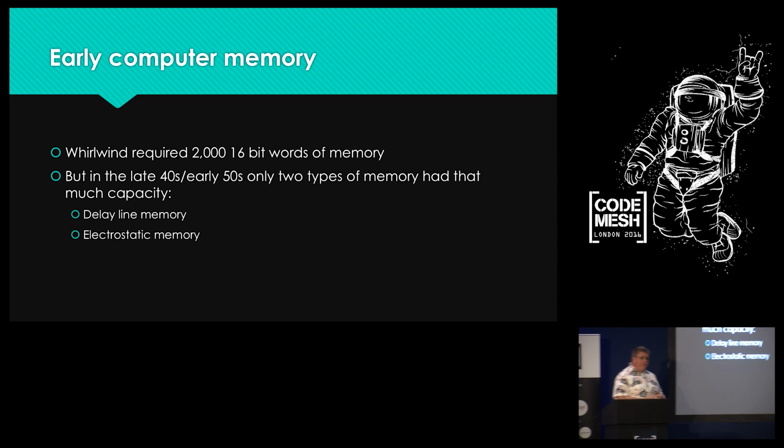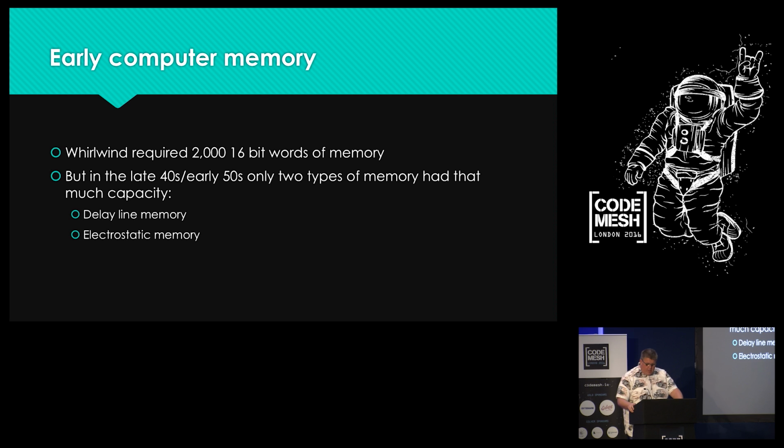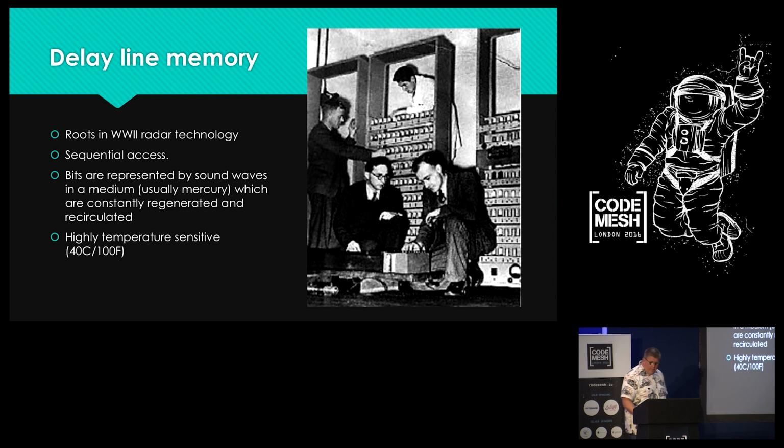That's basically like 4K of what we consider to be memory now, which is, literally you cannot buy chips that small anymore. But in the 40s and 50s, there were only two types of memory that had that capacity. There's one that's called delay line, which was a really interesting system that we're going to talk about next, and then another that is called electrostatic, that uses magical physics that I don't understand. So don't ask me a lot of questions about it, but that's how they did it.